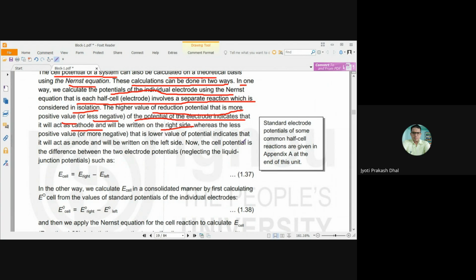Whereas the half cell in which the electrode potential, meaning the reduction potential, is less positive or more negative, that is, having the lower value of potential, will act as the anode and is written on the left hand side.